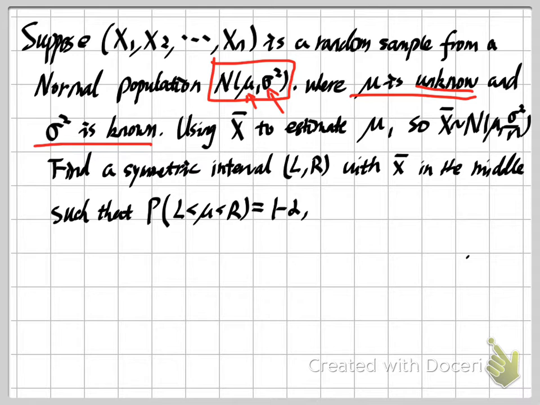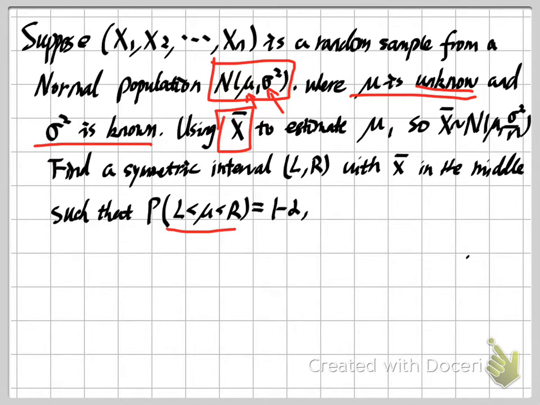If we use the sample mean x bar to estimate our population mean, then for this confidence interval, we want to find an interval with a left endpoint L and right endpoint R such that the true value of our population mean is inside or between these two values.